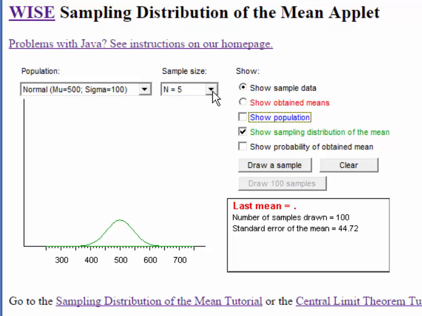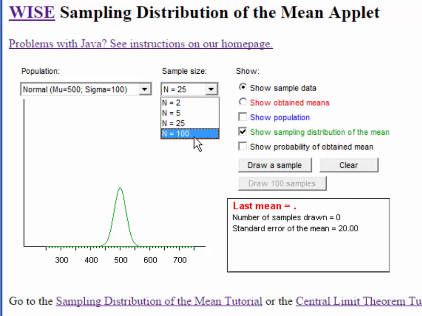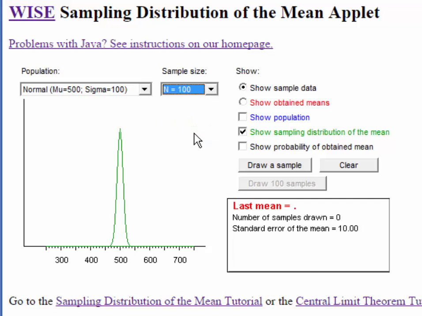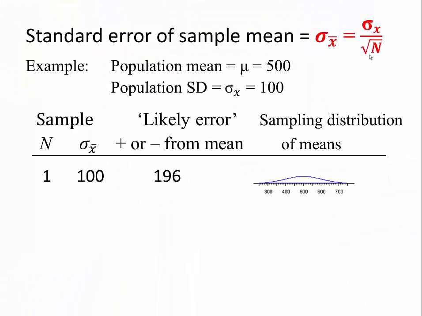Here it is with n equal 5, here it is with n equal 25, and here we have with n equal to 100. So what have we learned from this? We began with an n of 1, and when n is 1, the standard deviation of individual scores is 100. The likely error, plus or minus from the mean, is 196.